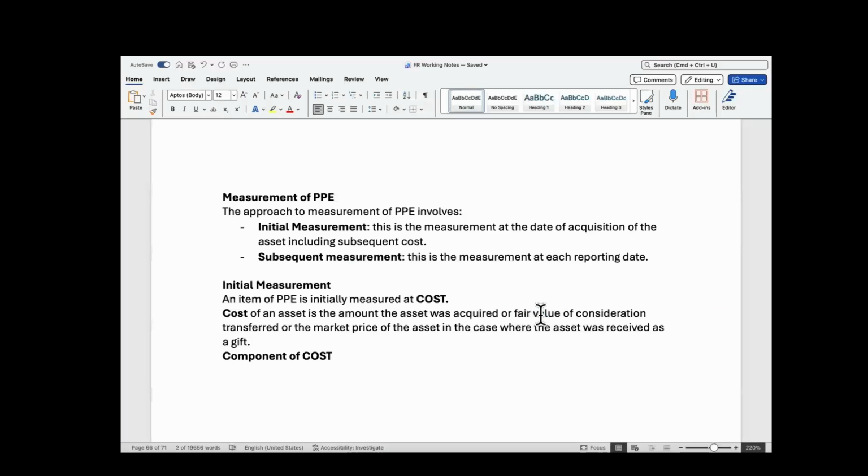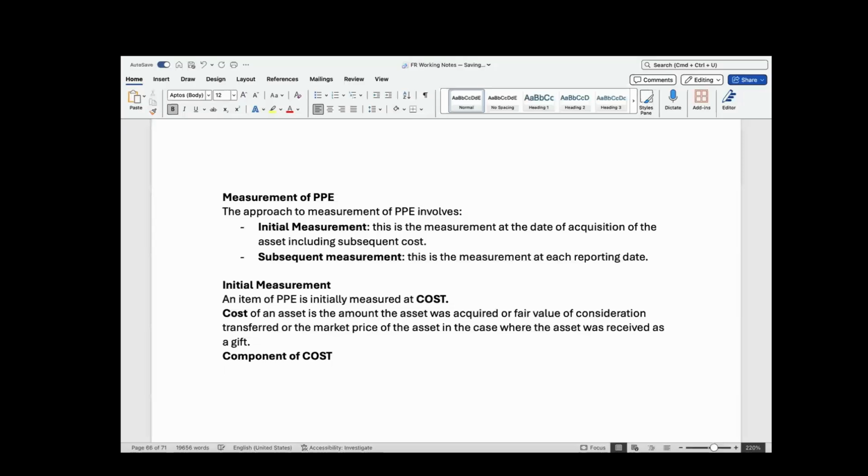So the fair value of consideration transferred, or fair value of the item transferred, can be the cost of this PPE, or if they gift you, it is the market price of that item. That means you need to go to the marketplace to determine the market price. That can also qualify as the cost.